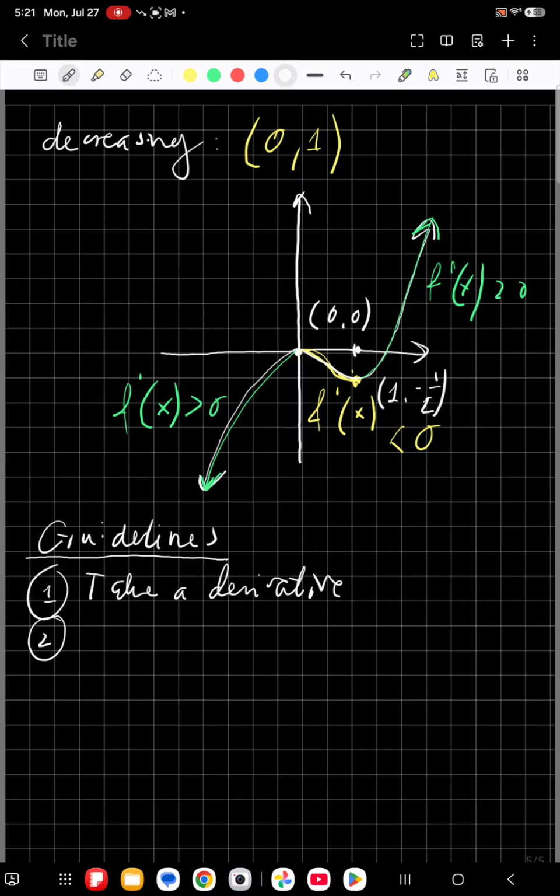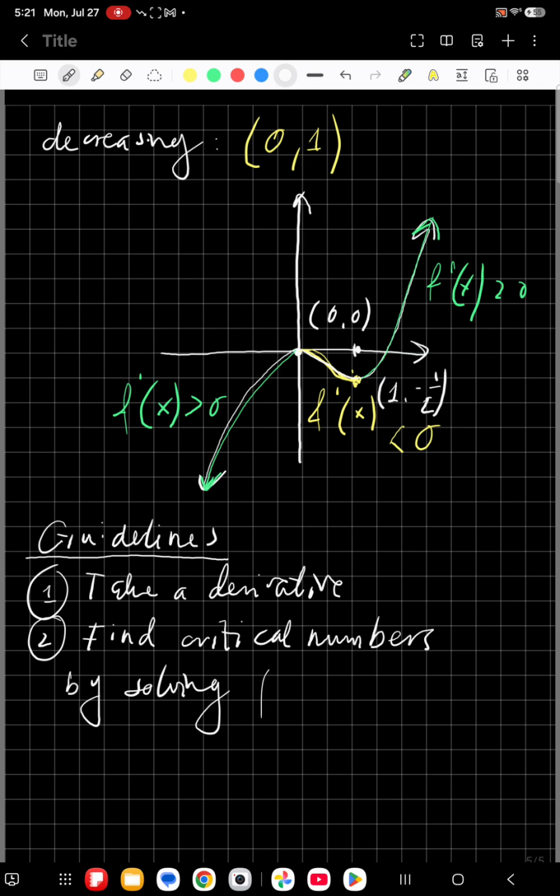Second step was to find those critical numbers, by solving. We take that first derivative that we obtained from the first step, and we make it equal to 0, and we solve this equation.